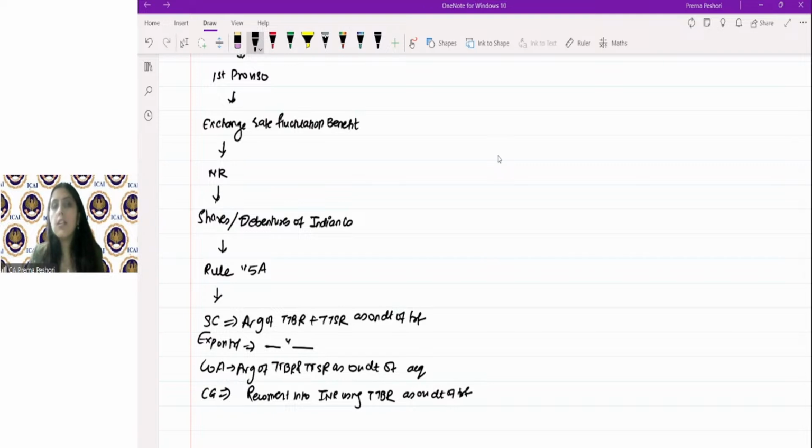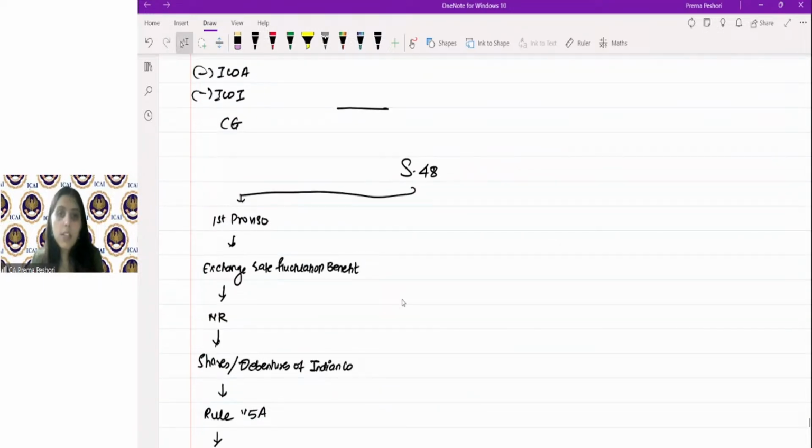Clear? As on the date of transfer. This is the first proviso to section 48. The second proviso to section 48 is indexation. You will get the indexation benefit. Clear?